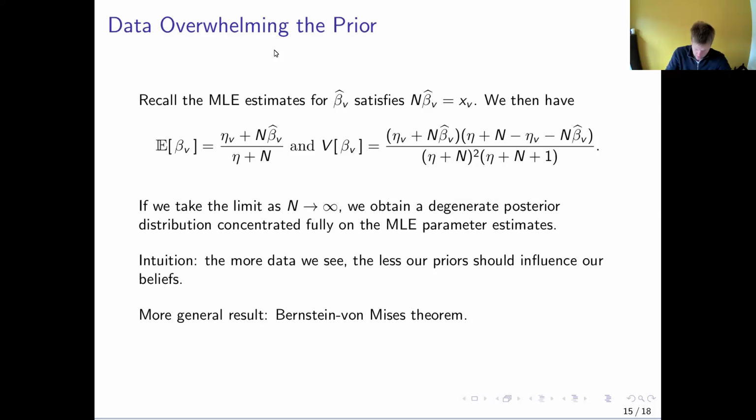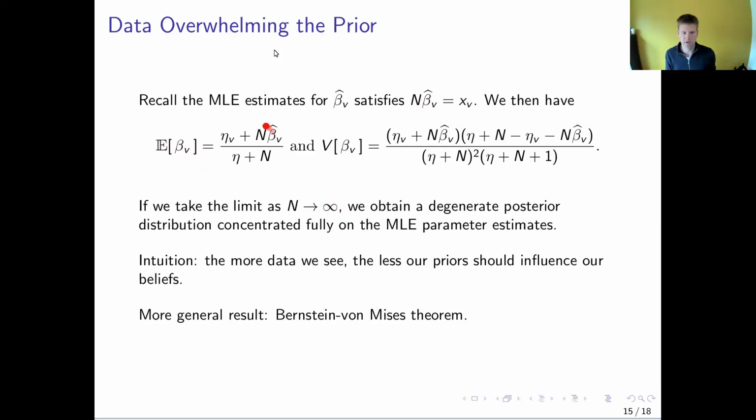Let's take the formula for the expectation of beta and the variance of beta, which I also showed when we introduced the Dirichlet, and you can plug in the count of term V equals the sample size times the MLE estimates. All right, so everywhere I saw an X_V, I'm just plugging in N times beta hat V. You take the limit as N goes to infinity, what do you find?